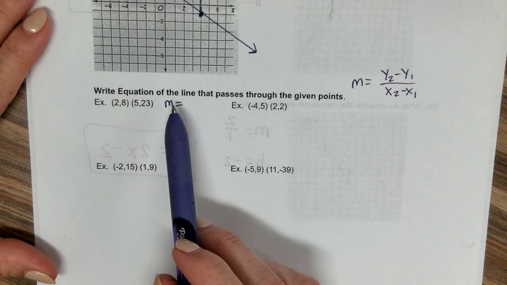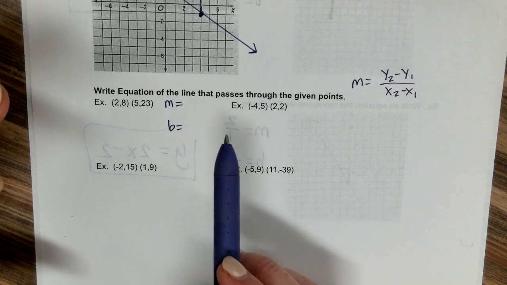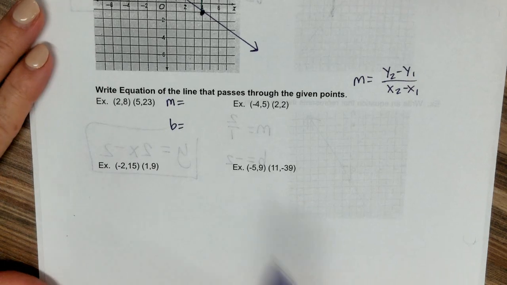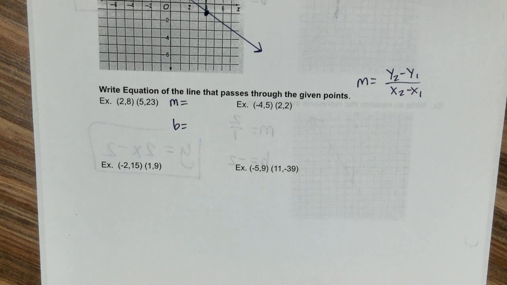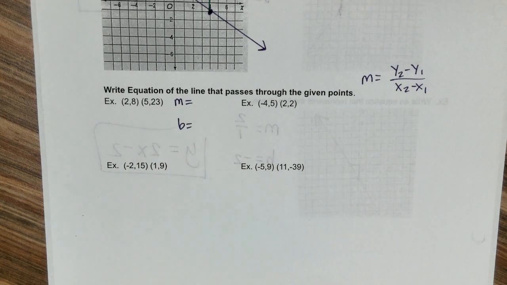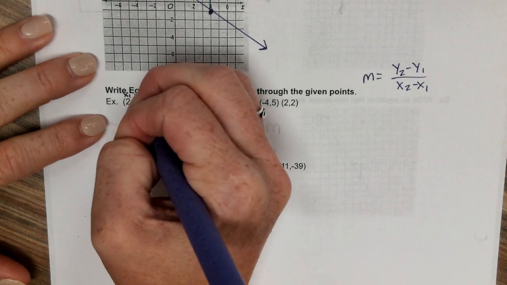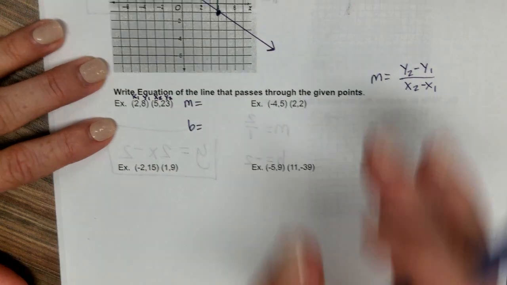So that's how you're going to solve for the M. You already know how to do that part. So the only thing that's going to be new today is how do I solve for the B when I don't have a graph? Okay? So we're going to solve for the M first because we're going to need it to solve for the B. So this is x1, this is y1, this is x2, this is y2.